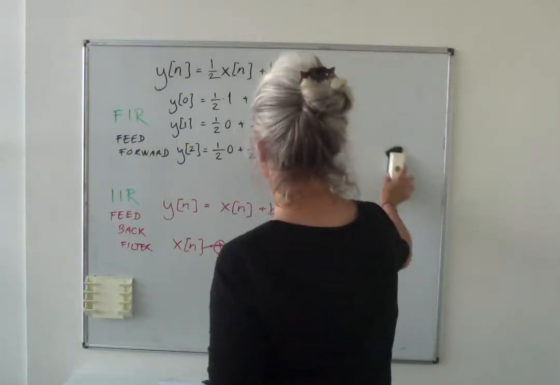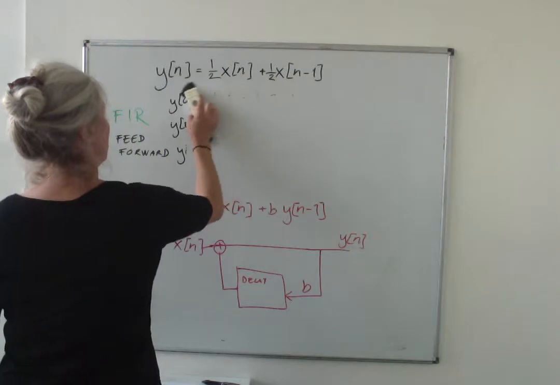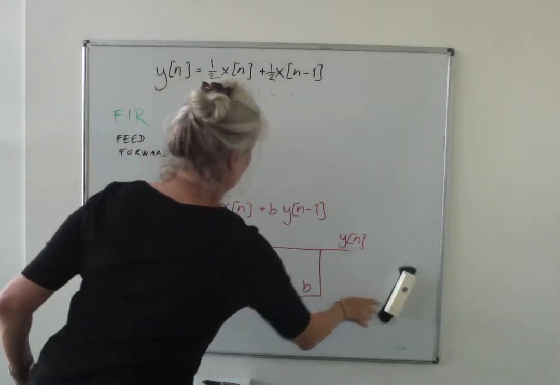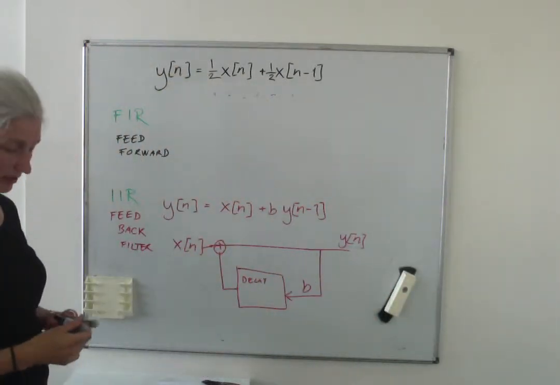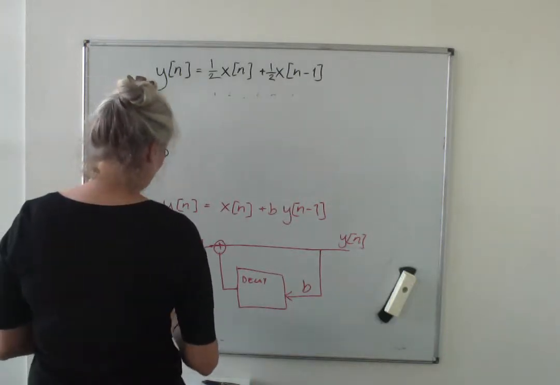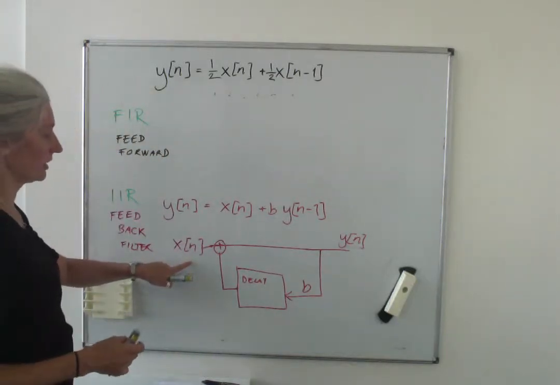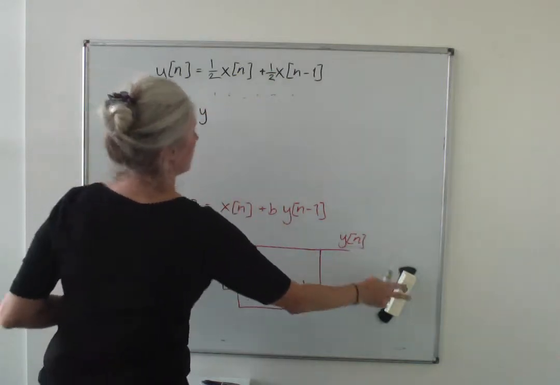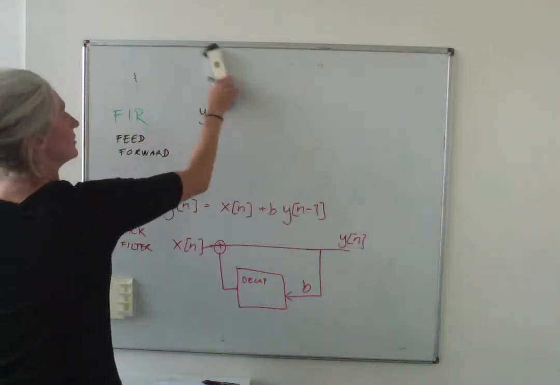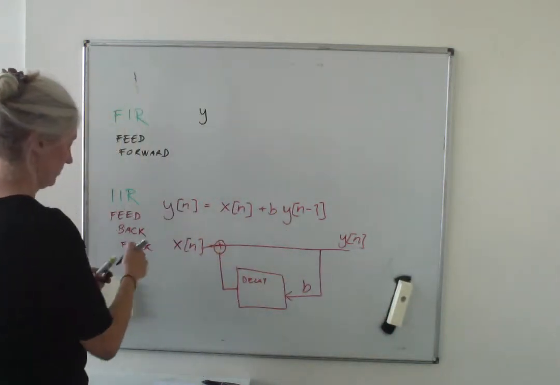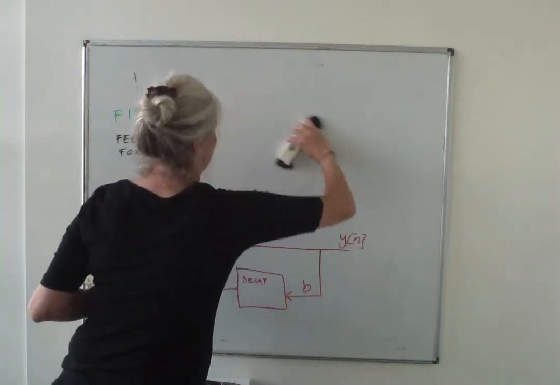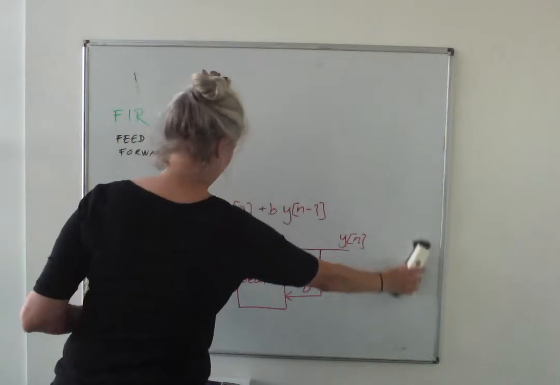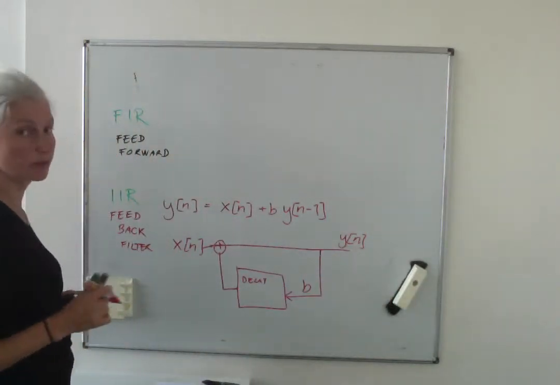Let's see what happens if we look at the feedback filter instead. So now we're taking the impulse here, and I'm going to remove this just to not confuse you. So now we're doing the feedback. And we're feeding it with an impulse.